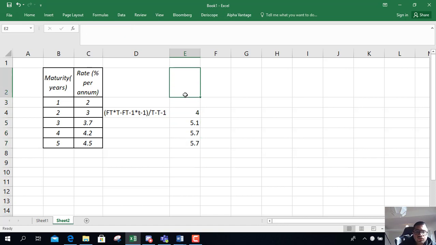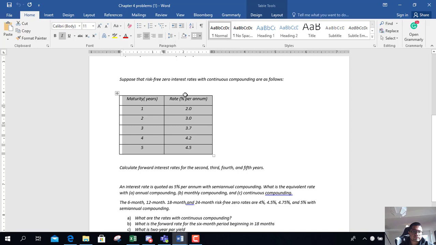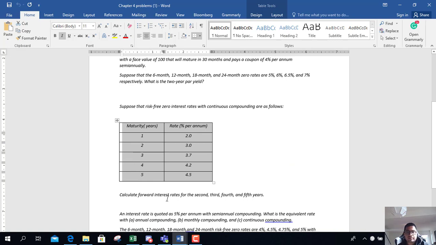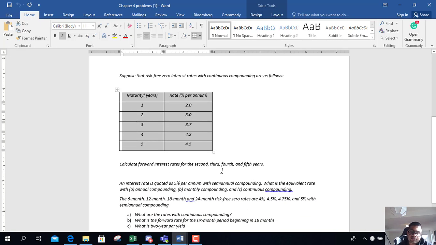These are the forward rates for year 2, 3, 4 and 5. Okay, so that's how we calculate forward rates for the second, third, fourth and fifth year.